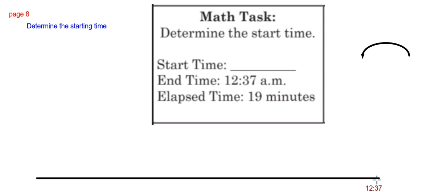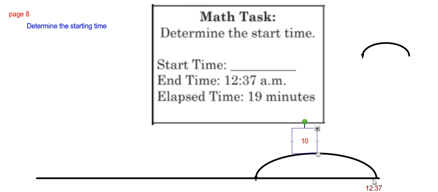So 12:37, I could easily go back in different ways. I can go back by 10, 5, or 1, whatever you decide. In my case, I'm going to go back by 10s. Okay, I have 10s right here. And I'm going to write here 10 because that is exactly what I am going back, 10.